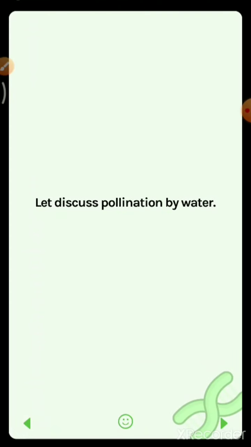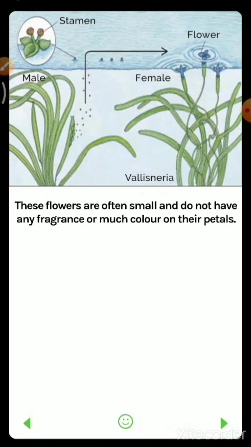Then we will discuss pollination by water. You can see the pictures. Okay, so the examples here are Hydrilla and Vallisneria, plants like these.